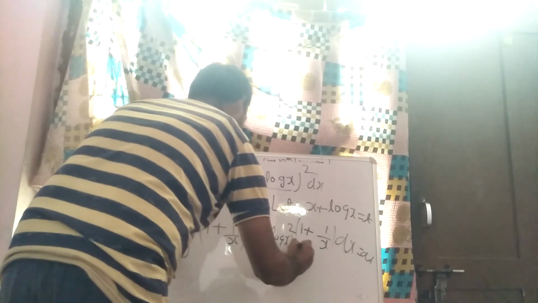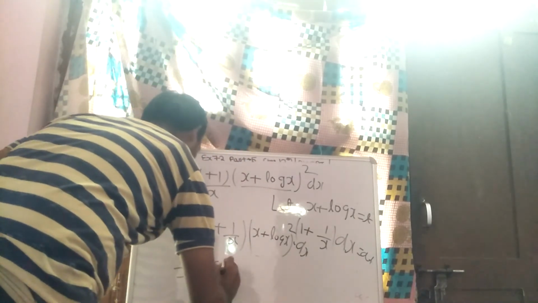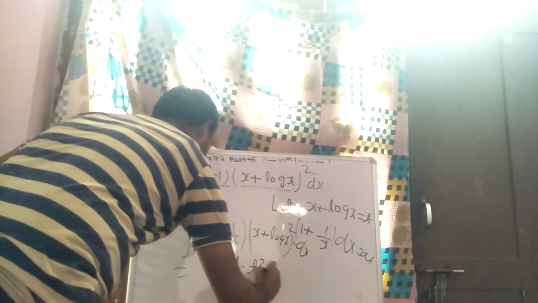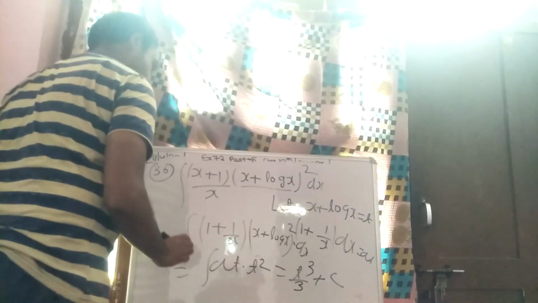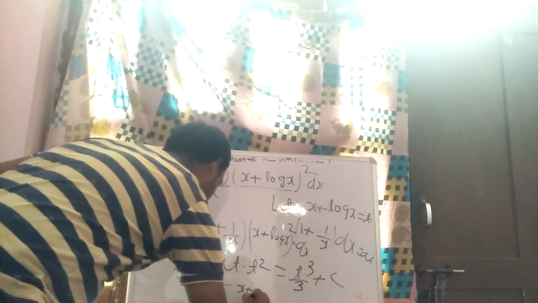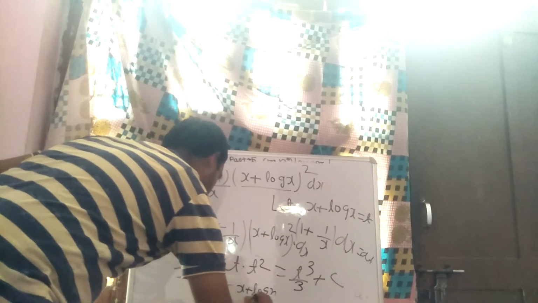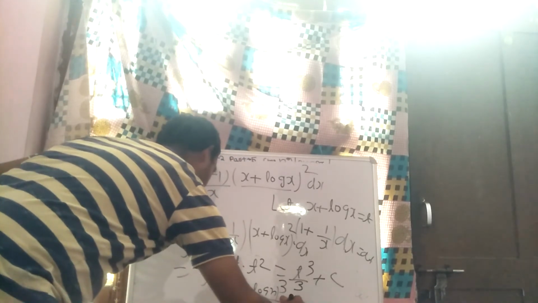Smartly, this is dx, this is dt, this is dt into t square. We know that t square means t cube upon 3 plus c, and we put the value of t, x plus log x to the power 3 upon 3 plus c, c is constant.